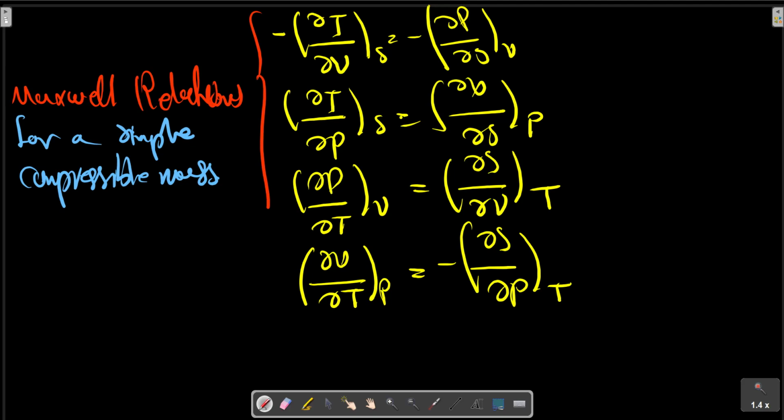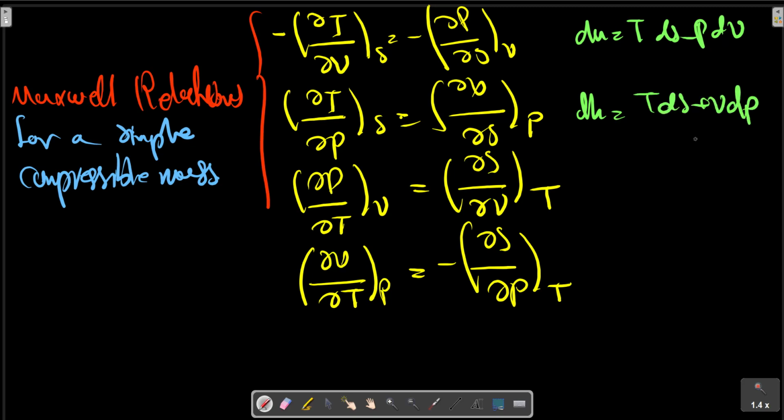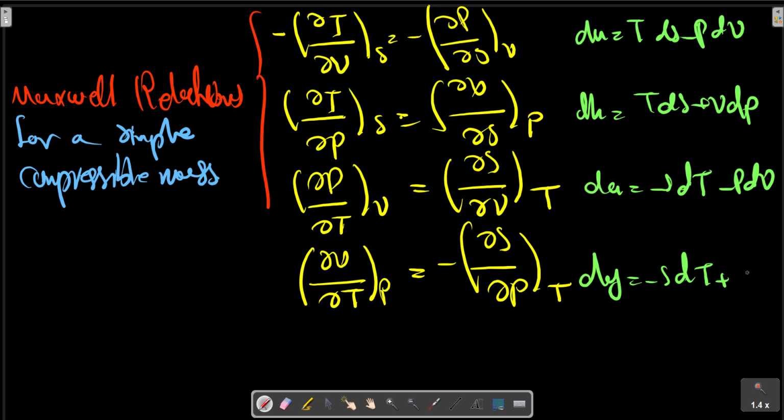For example, we have dU equals T dS minus P dV, dH equals T dS plus V dP, dA equals minus S dT minus P dV, and dG equals minus S dT plus V dP.